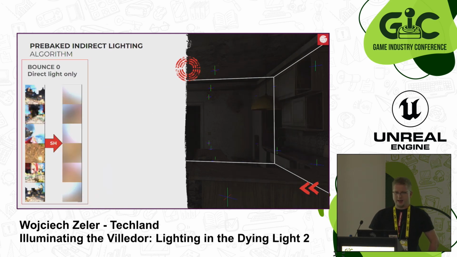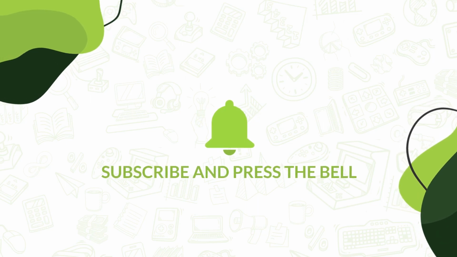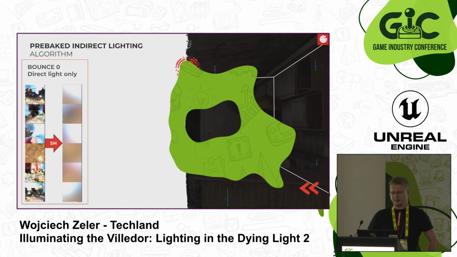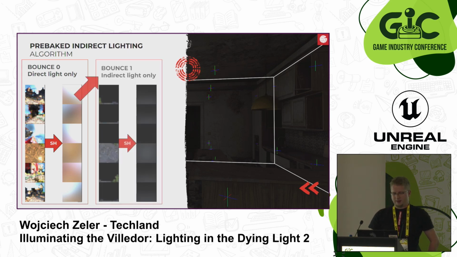And the N probe generation algorithm is pretty simple. First, we have to enable only direct light sources and generate a cube map. Then we need to compress that cube map using spherical harmonics. And then we can use these spherical harmonics as a light source in the N probe, because in the second bounce we enable only indirect lighting sources.